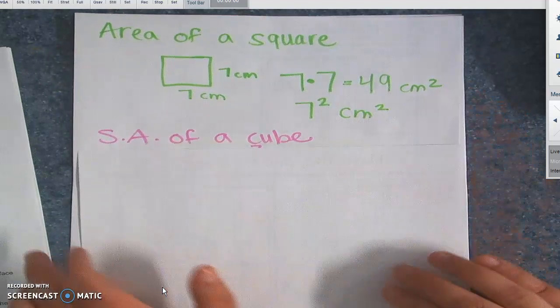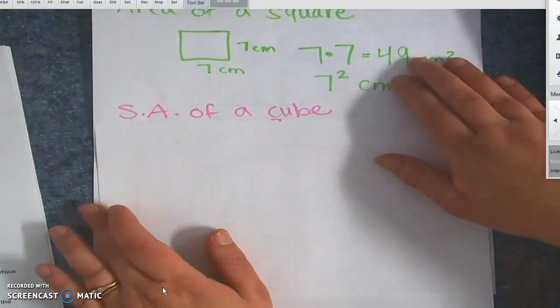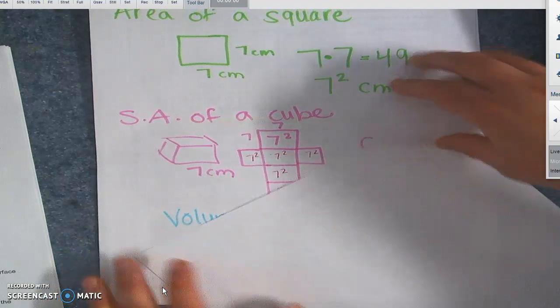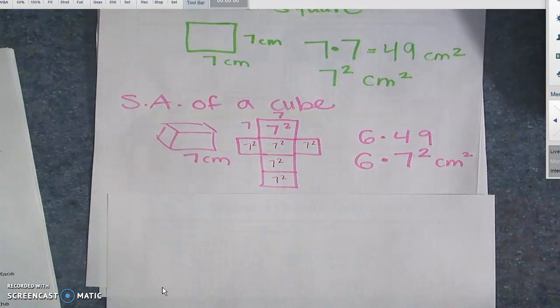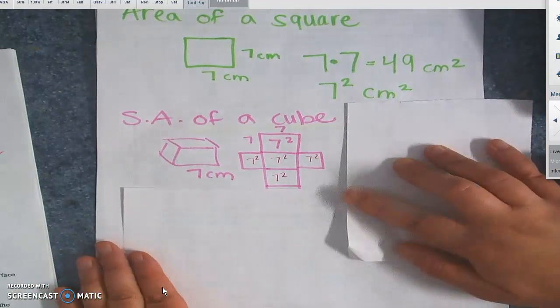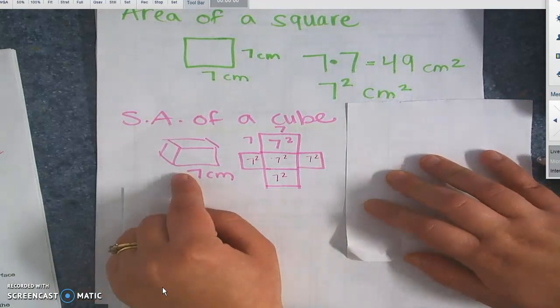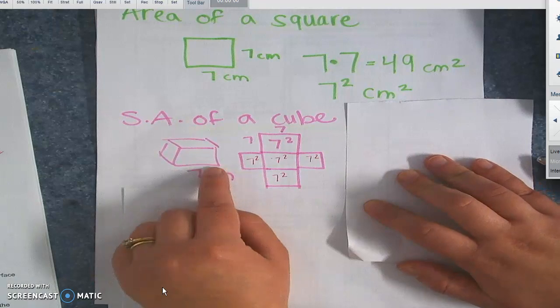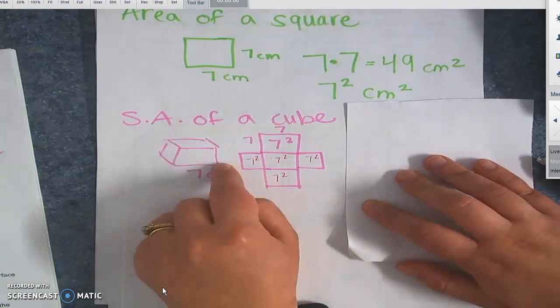So then the next part is surface area of a cube. Okay, surface area of a cube. So here's my cube, and it has an edge length of 7. That means every edge all the way around it is 7.